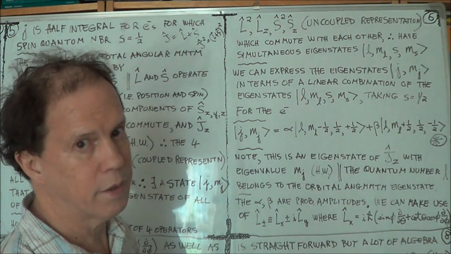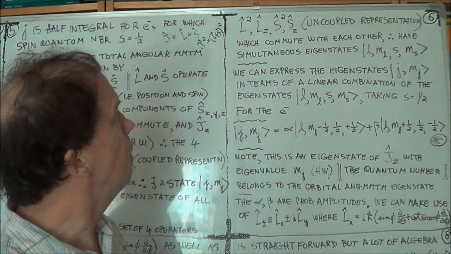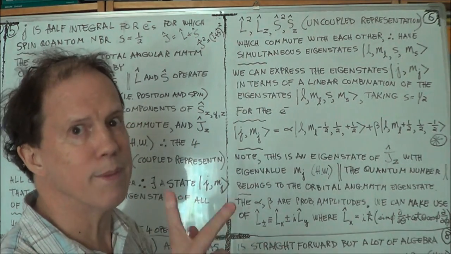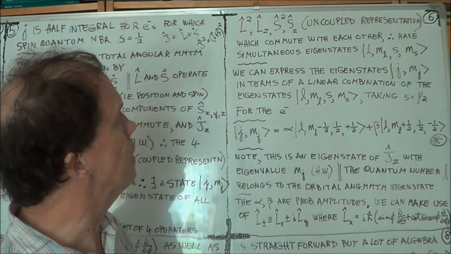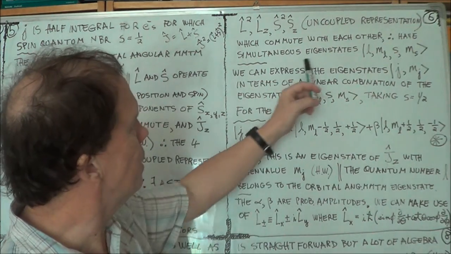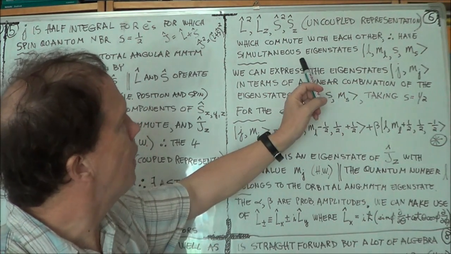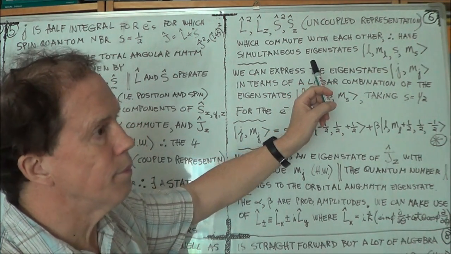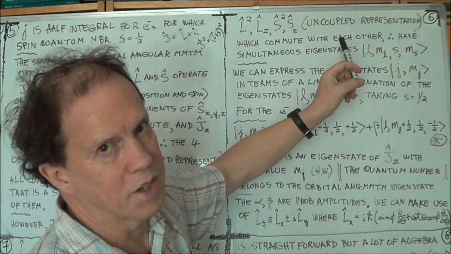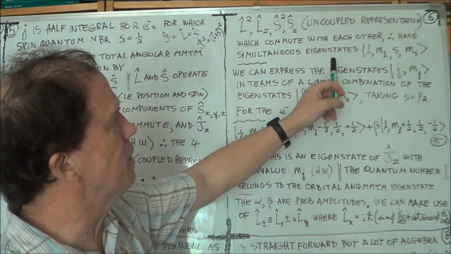And therefore there will be a set of eigenfunctions for all four of these operators, the same set of eigenfunctions. Simultaneous eigen. They all have eigenstates, like eigenfunctions, eigenstates, pretty much the same thing.